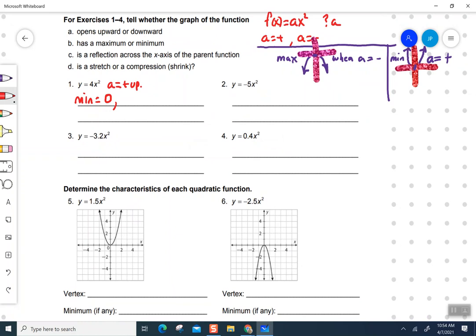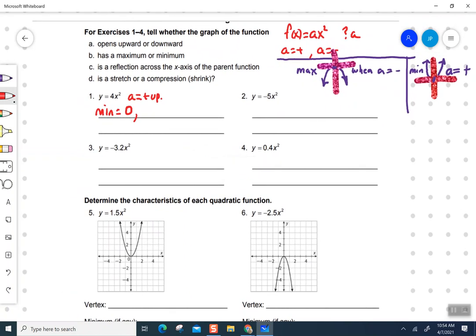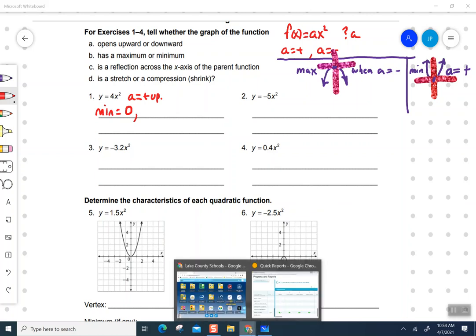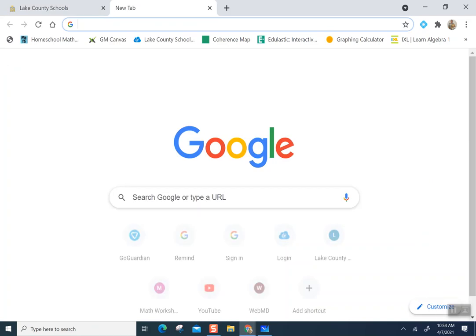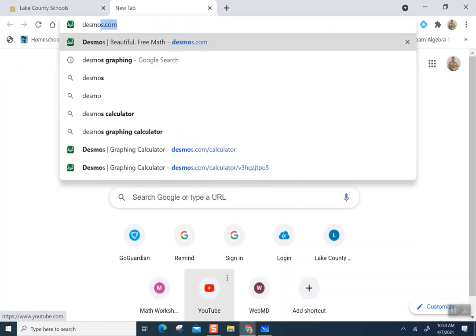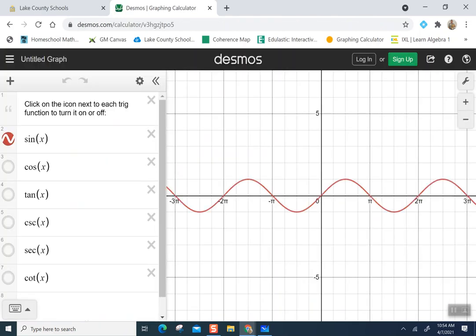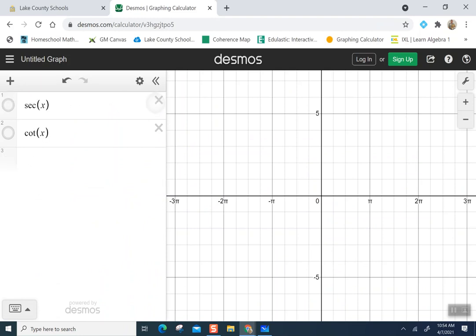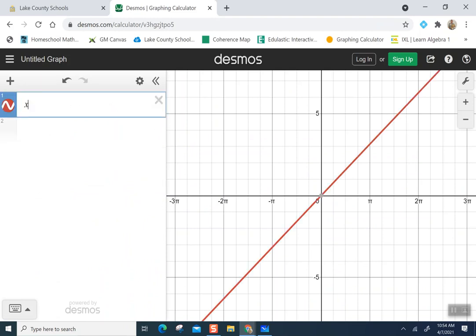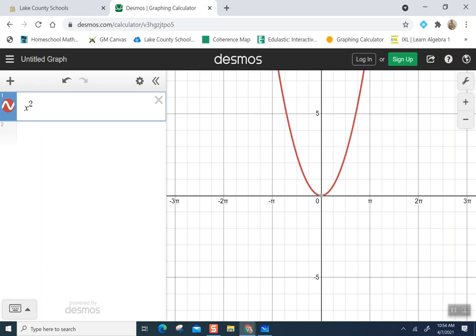Okay, now we need to know, is it a reflection? Well, pretty much it's a reflection if it goes across the x-axis. Right now, this one is a reflection of this one. So they're reflections. We would refer to this one as the parent graph, because if I look at Desmos, and I graph x squared, remember that's the parent graph.